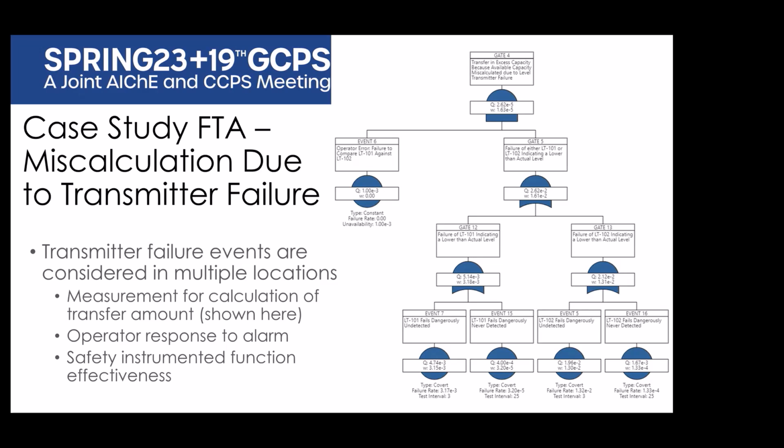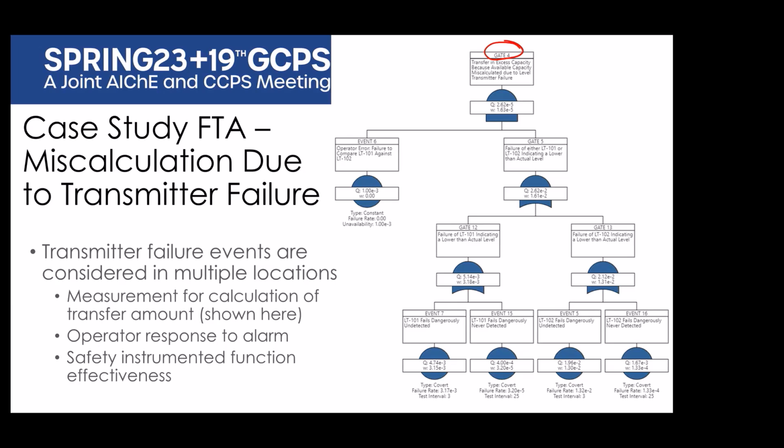So part of the fault tree, gate 4, is I am going to attempt to transfer an amount of material that's in excess of what can be transferred into that tank. Why would that happen?